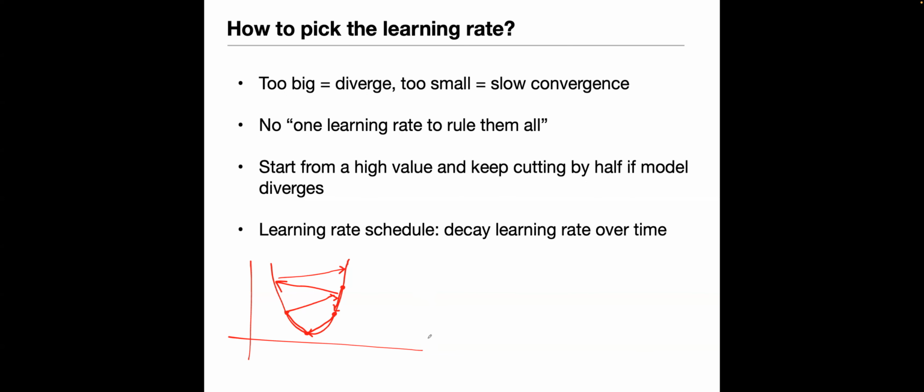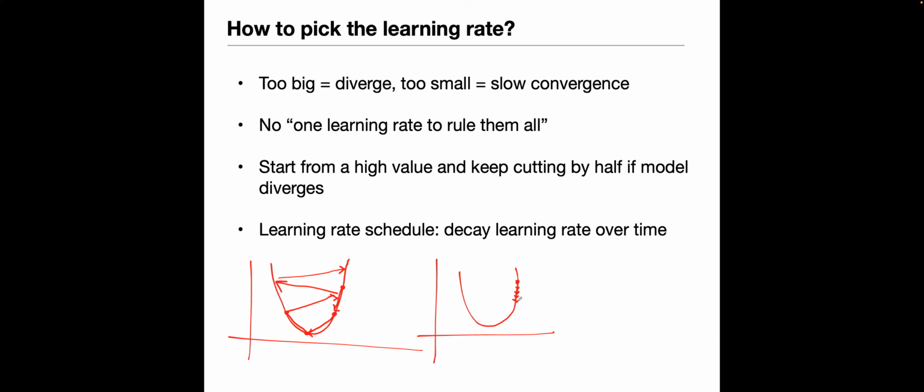That's called diverge. But obviously, with a smaller learning rate, you're taking baby steps. It's not bad like the diverge case, but you are making too little progress.